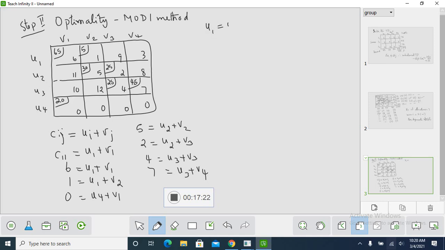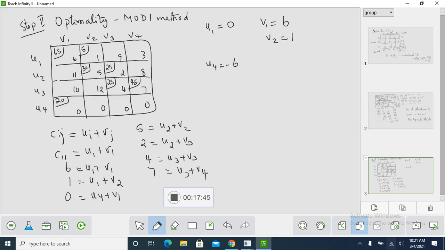Let me take my U1 to be 0. If I take my U1 to be 0, I get my V1 equal to 6. Then I get my V2 equal to 1. Then what else I have? My V1 is 6, so U4 is minus 6.